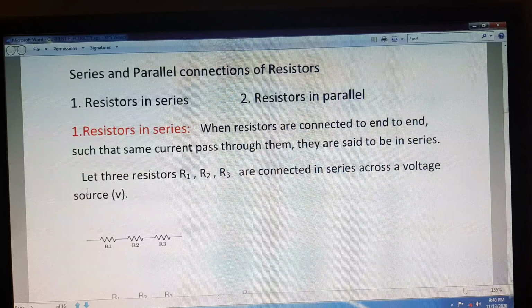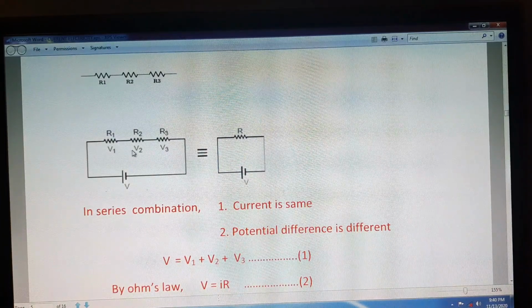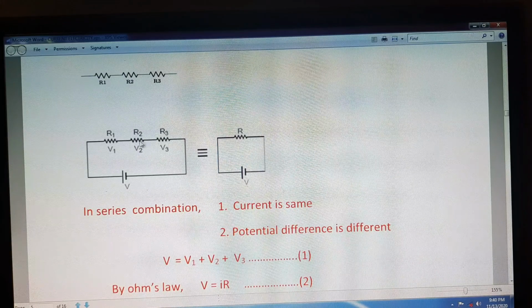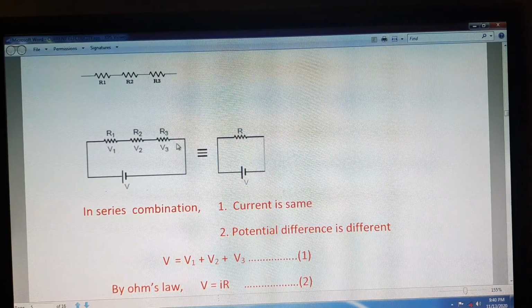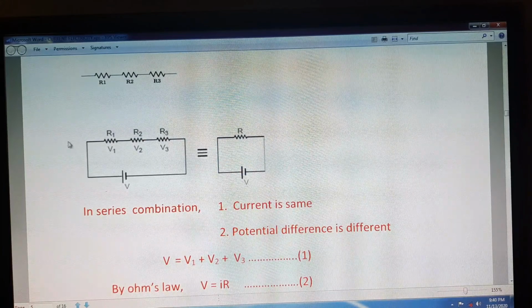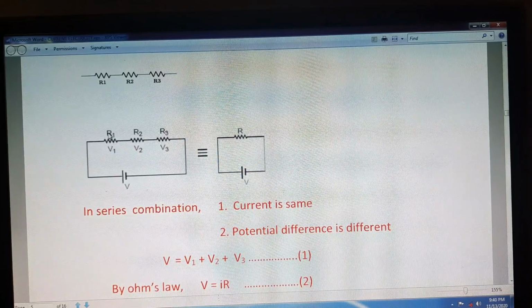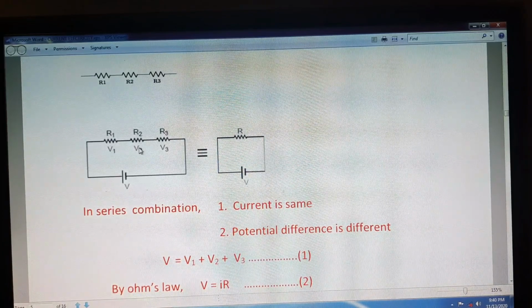Let us take three resistors, each represented by capital R: R1, R2, R3, connected in series across a voltage source V. In the diagram we can observe the R1 resistor, R2 resistor, and R3 resistor, all connected with a voltage source represented by V. Here each resistor has a potential difference: V1 at R1, V2 at R2, V3 at R3.